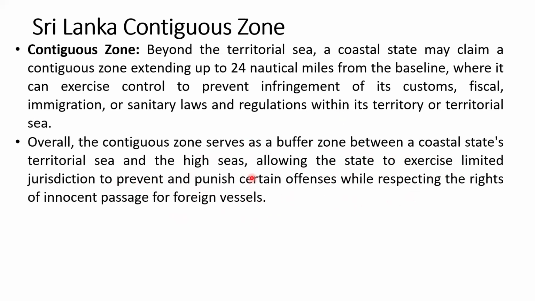That means when something happens farther away than 12 nautical miles, that particular country does not have a very strong legal background to claim its laws. If it's within the territorial sea, definitely it's within that particular country. Now, there are some exceptions for this particular zone.